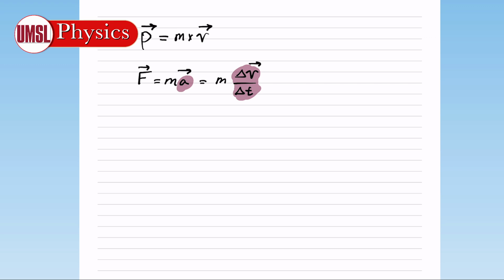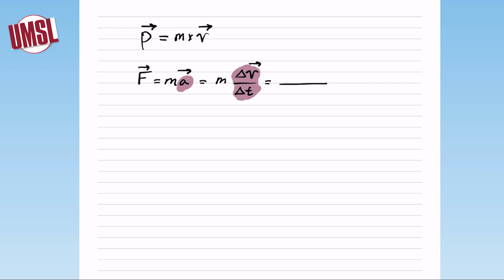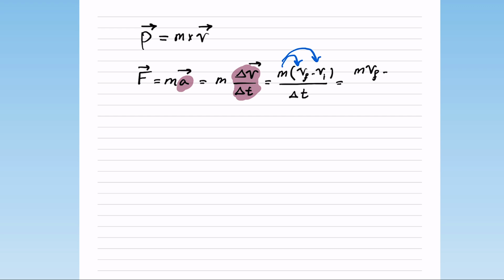What I can do is to rewrite this like so. M, instead of delta V, I'll have V final minus V initial divided by delta T. And I can distribute this mass and multiply it by V final and V initial. So I have mV final minus mV initial divided by delta T.